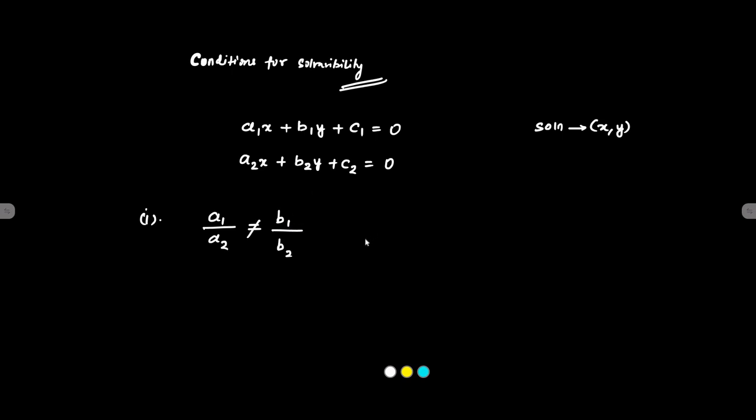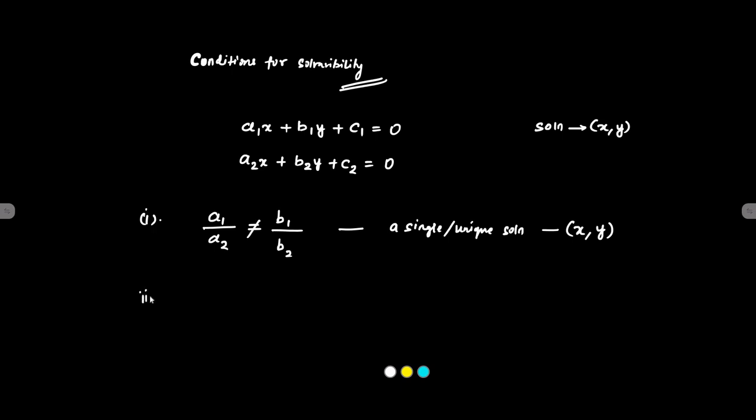If a1 by a2 is not equal to b1 by b2, then in such a case the system of equations has a single or unique solution, which is one particular combination of x and y which satisfies these two equations. Only one pair, one value of x, one value of y. It is called a single or unique solution.